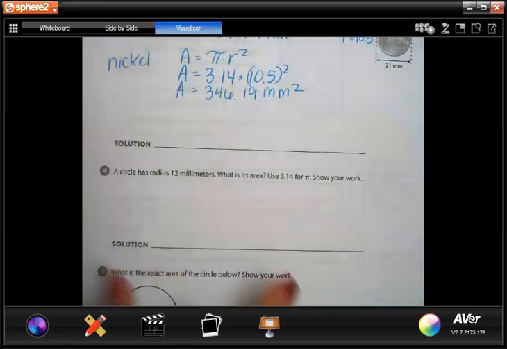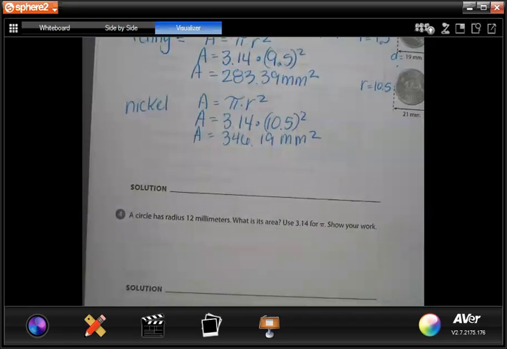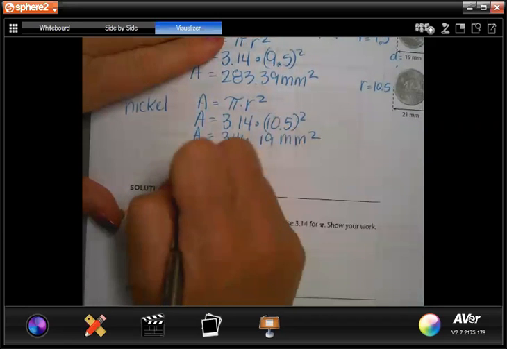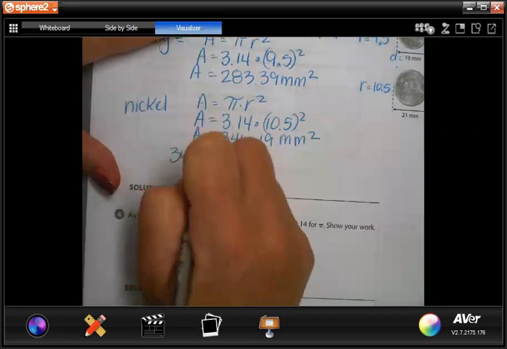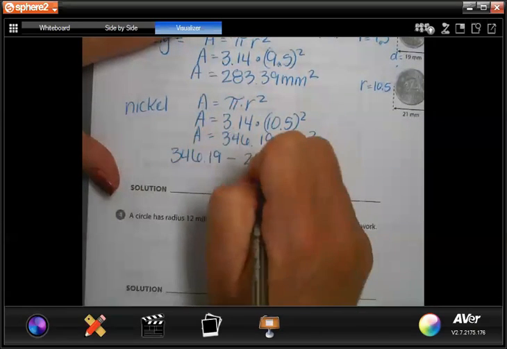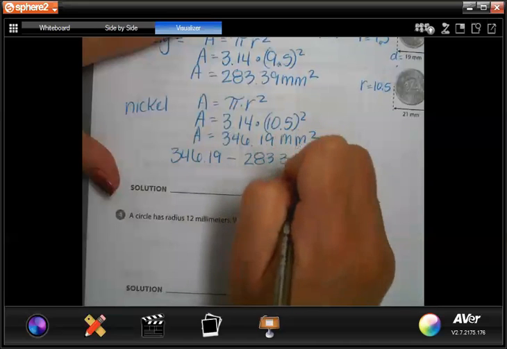So to find out which one is greater, we're going to subtract them. So the nickel minus the penny: 346.19 minus 283.39.